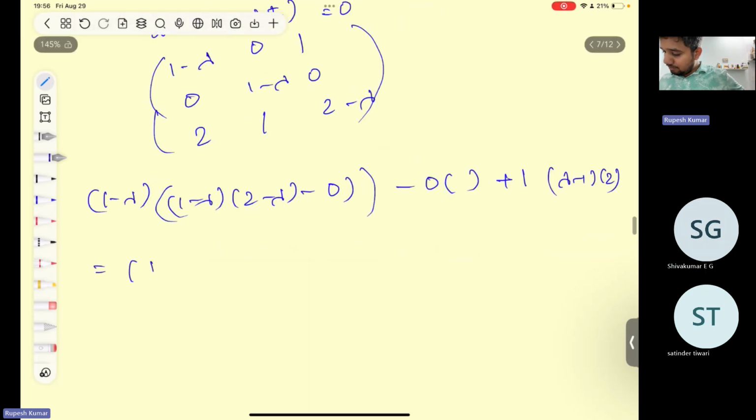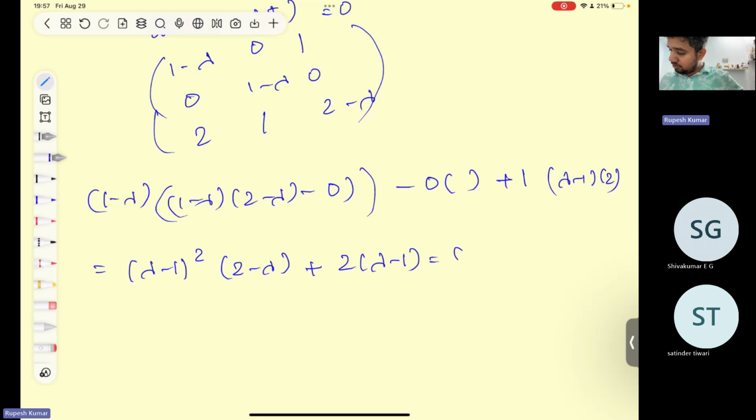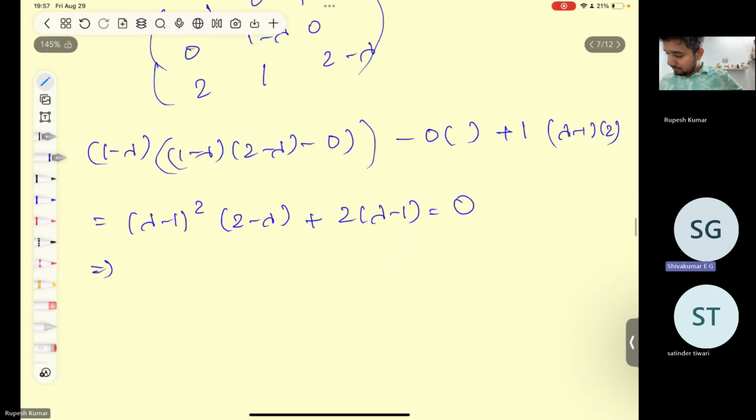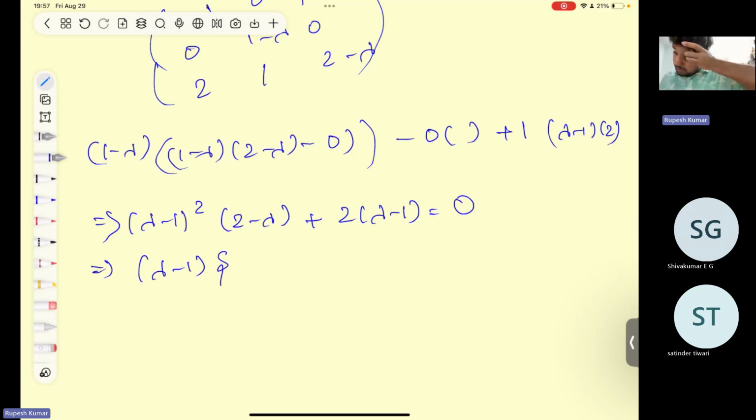So this is equals to lambda minus 1 squared into 2 minus lambda plus 2 into lambda minus 1 equals to 0. Lambda minus 1 is common here, and you get 2 minus lambda minus 1 into lambda minus 2, right? This has to be set to 0.